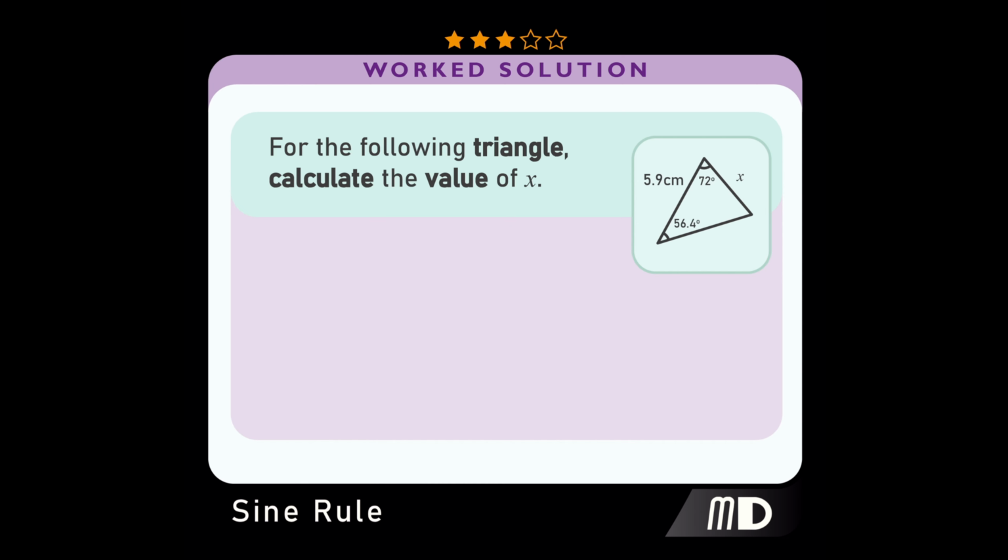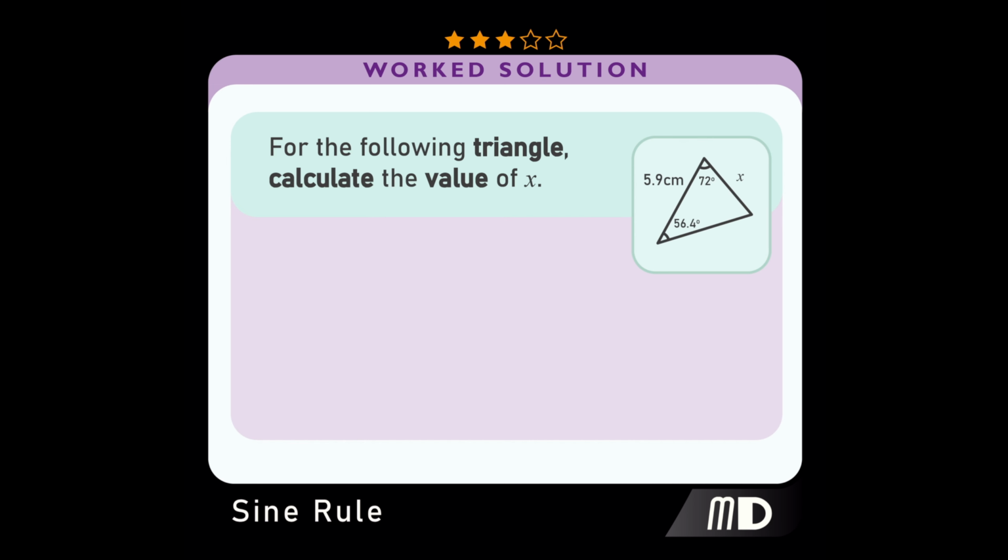If we know the lengths of two sides, the size of the angle opposite one of those sides, and we need to find the other angles and sides, we can use the sine rule.